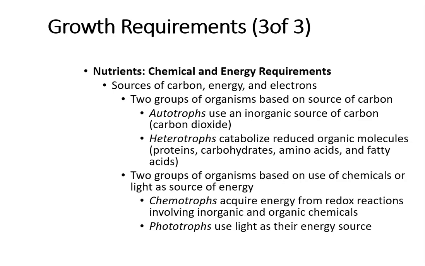Others get the carbon by breaking down organic molecules. Okay, we'll go over this in a second. Then you have two groups of organisms based on whether they use chemicals or light as a source of energy. If you're a phototroph, you use light. If you're a chemotroph, you have to get it from chemical reactions.